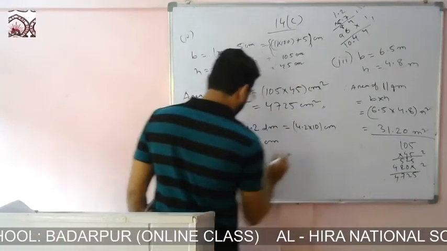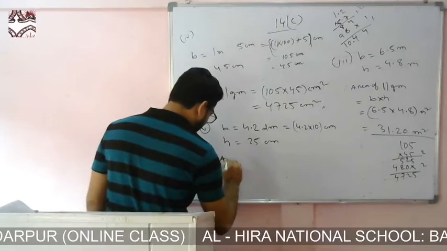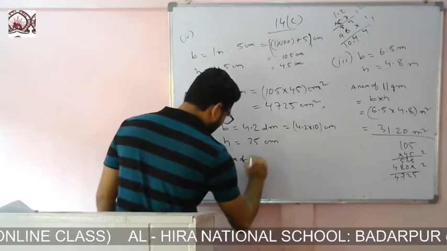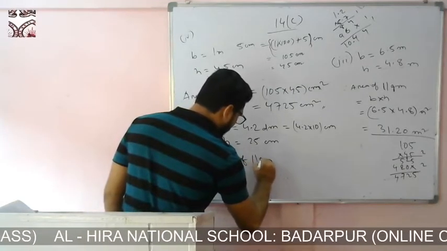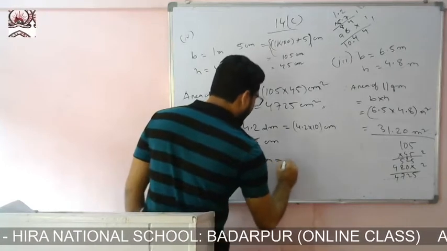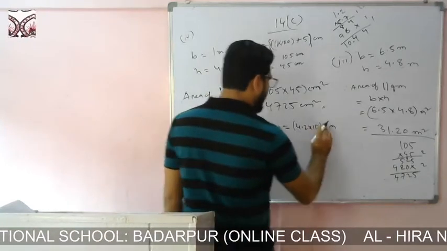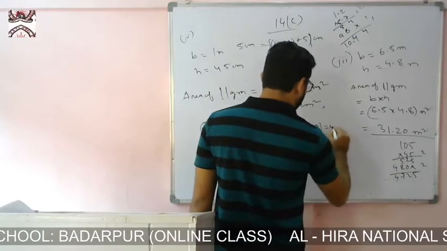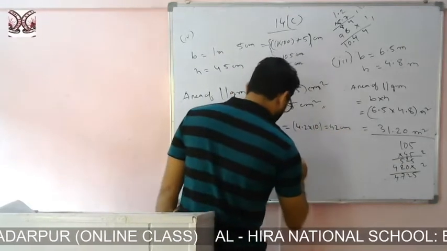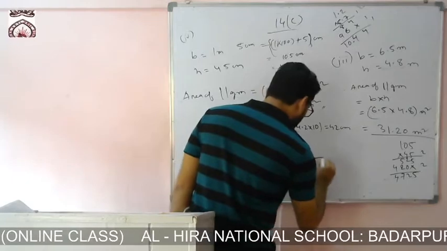Okay, therefore area of parallelogram will be what? 4.2 into 10 is 42, like this. 42 centimeter means 42 into 25.